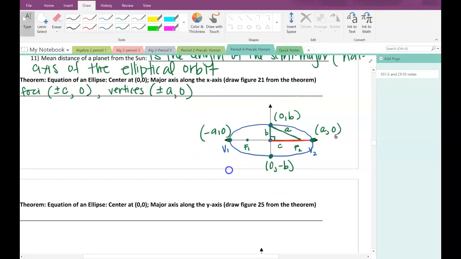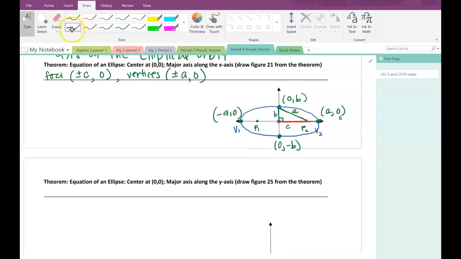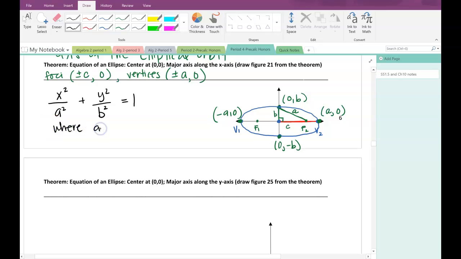so let's go and write the standard form of our equation with the center at 0, 0. It's going to be x squared over a squared, since it is positioned horizontally. So the a squared is going to be the biggest value, so the x variable gets the a squared, plus y squared over b squared equals 1, where a is the biggest number out of the ABCs.